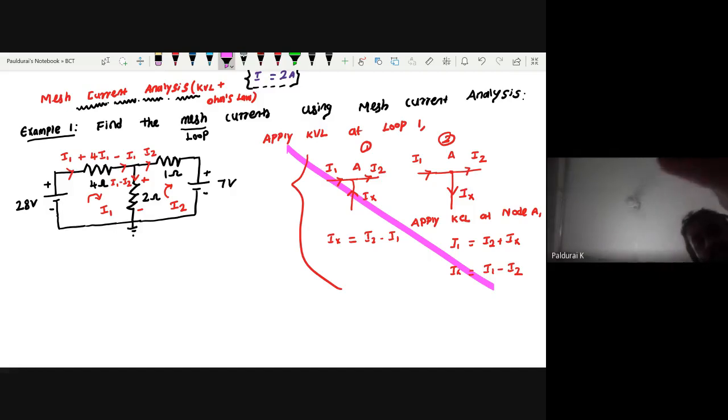எப்படி? Now listen. So take this is positive, this is negative, right? Now listen. I1 வந்து கிளாக் வைஸ்ல எதுல என்டர் ஆகுது? பாசிட்டிவ்ல நெகட்டிவ்லையா? I1 is it entering at positive terminal of 2 ohm or negative terminal of 2 ohm?